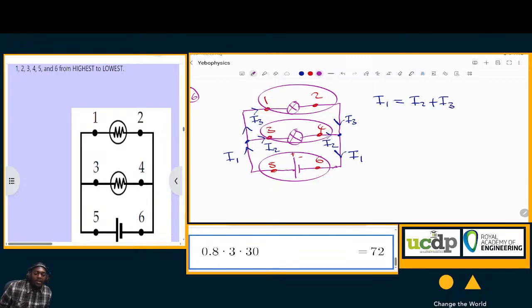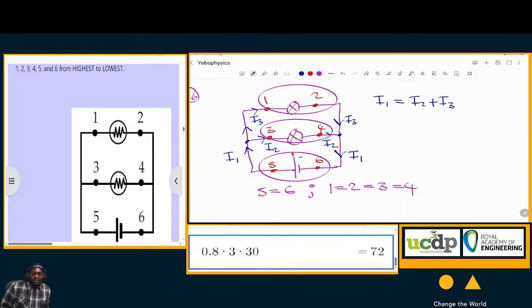But in both branches where I2 and I3 are flowing, there is one bulb, and the bulbs have got the same resistances, which means the current at 1, the current at 2, the current at 3, the current at 4 have got the same magnitude. So if we were to rank, 5 is equal to 6, followed by 1 equals 2 equals 3 equals 4.